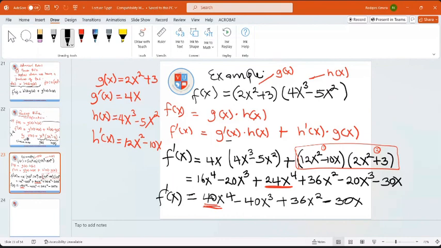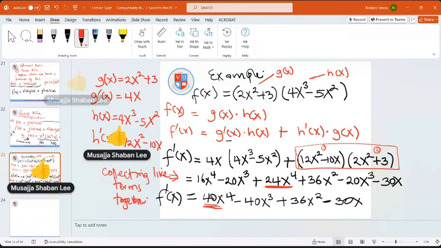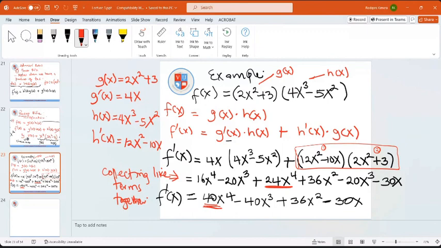We are collecting like terms together. For example, if you have 16x^4 and 24x^4, this one will give us 40x^4. Go to the second 40.